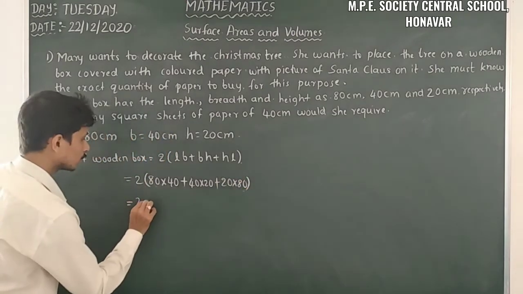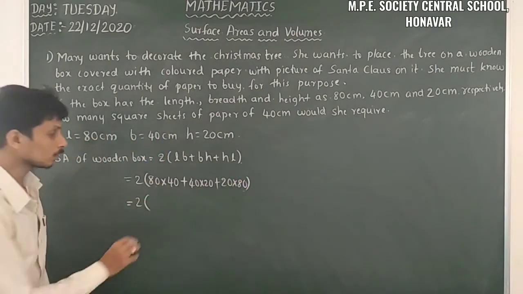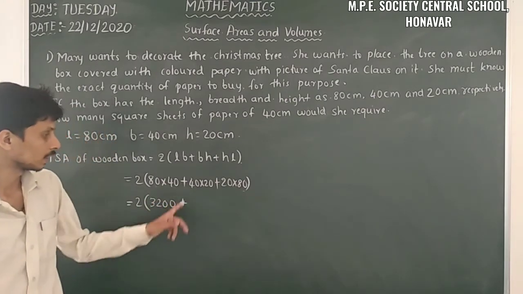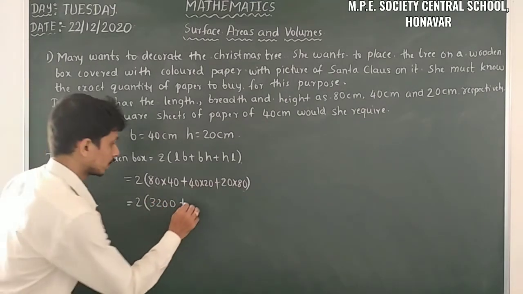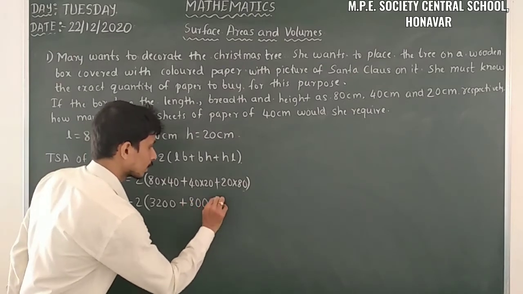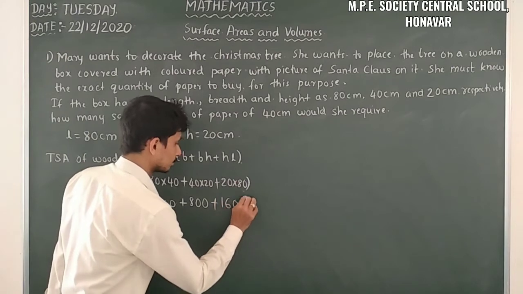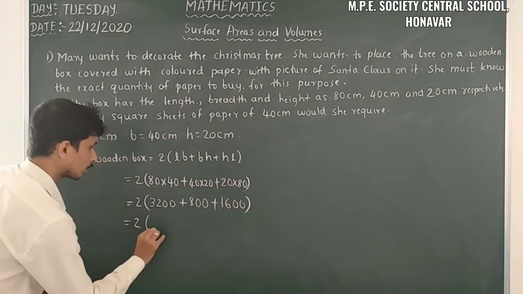Is equal to 2 into, 8 into 4 is 32, so 3200, plus 40 into 20 is 800, plus 20 into 80 is 1600. Is equal to 2 into what we get here.